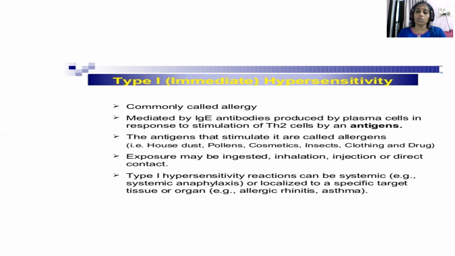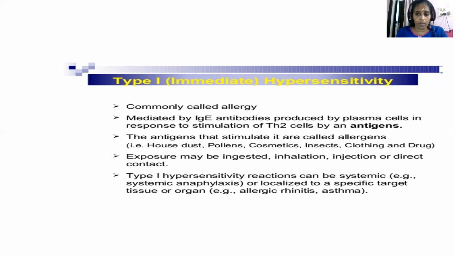IgE antibodies are produced by plasma cells in response to stimulation by T helper 2 cells by antigens. The antigens that stimulate are called allergens. So antigens which stimulate Th2 cells are called allergens.